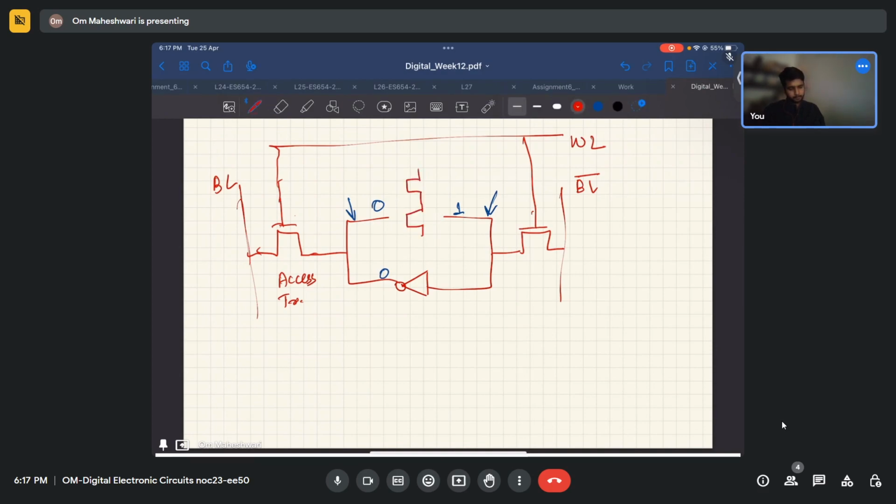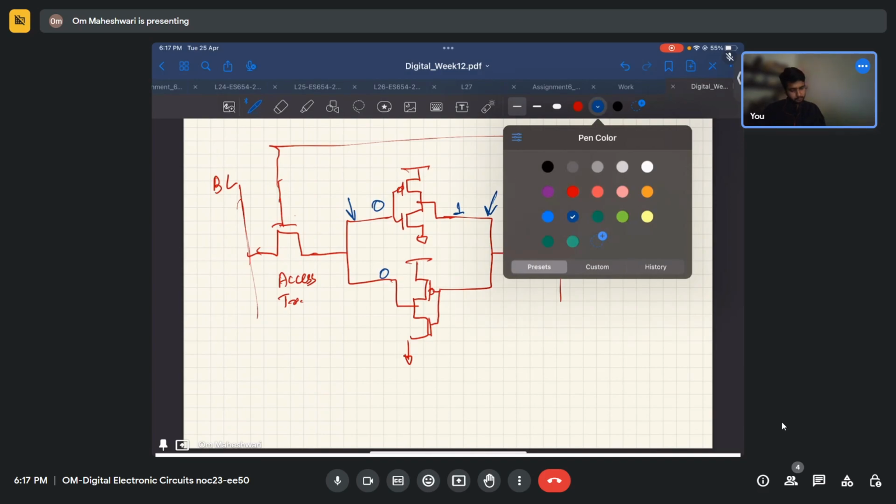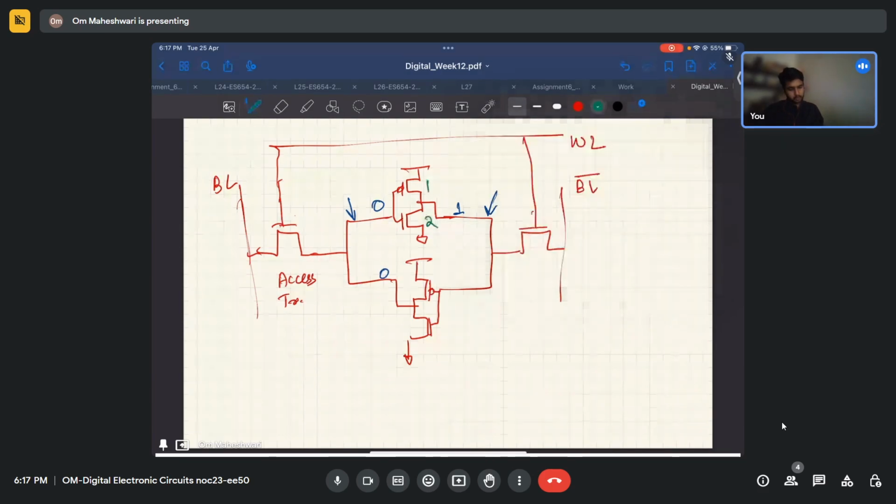So in total, 1, 2, 3, 4, 5, and 6, total 6 transistors. So it is also called 6T SRAM.